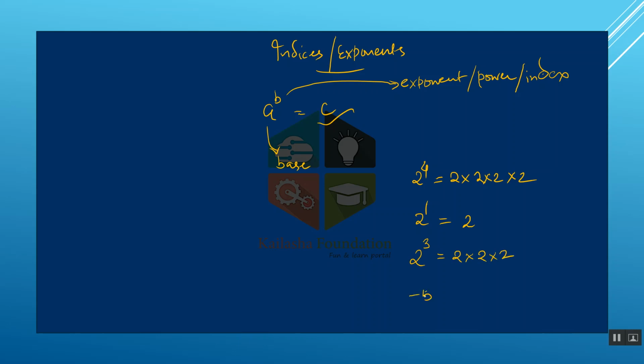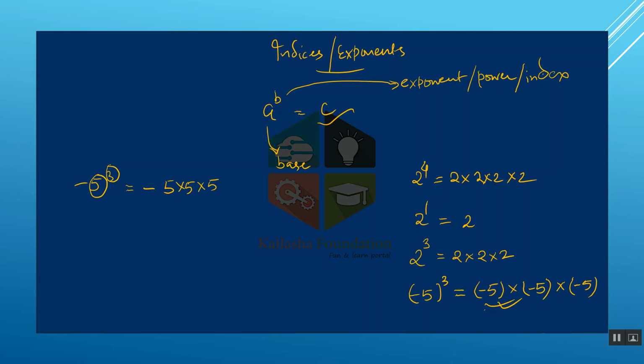When minus 5 raised to the power 3 is there, it is minus 5 into minus 5 into minus 5. But when we have minus 5 cube, then this minus is only once, and then 5 into 5 into 5, because the cube is only over 5.